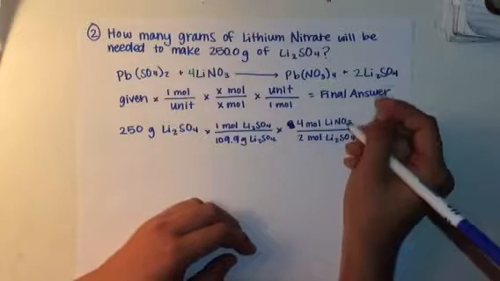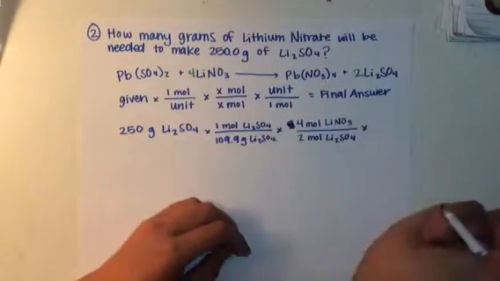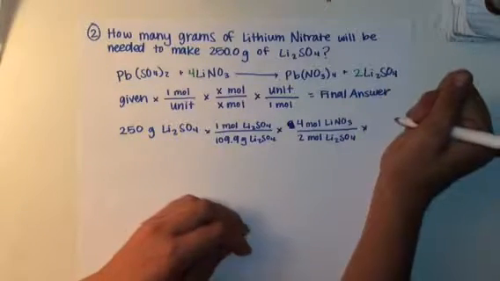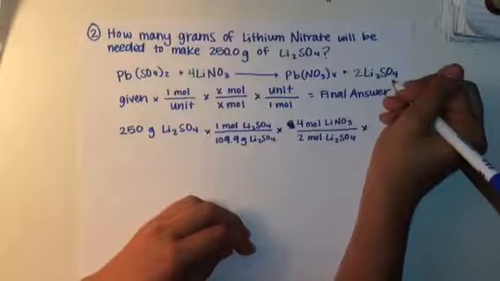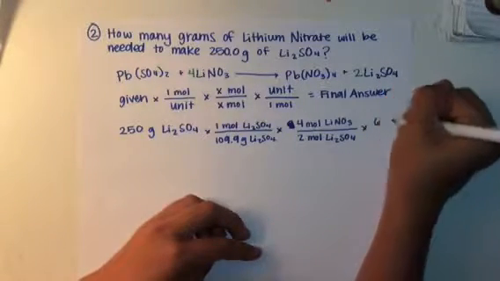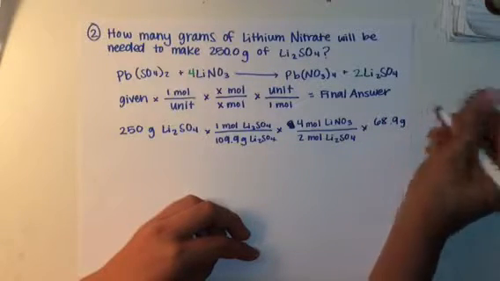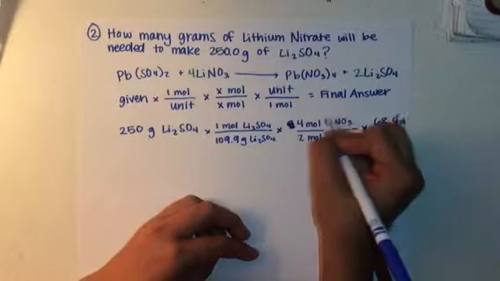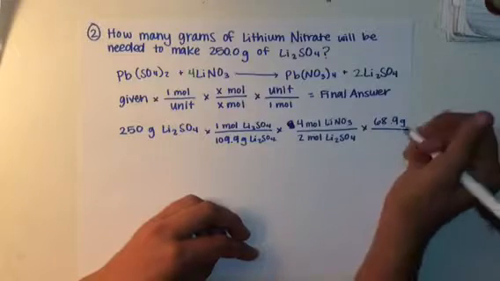Now that we're working with lithium nitrate, because we've canceled out lithium sulfate, the units that we need to get to are going to be on the top. So we need to get to grams of lithium nitrate. So we find the molar mass of that, which is 68.9 grams. I don't have enough room to include my units, but you should always include the substance that you're using in your units.